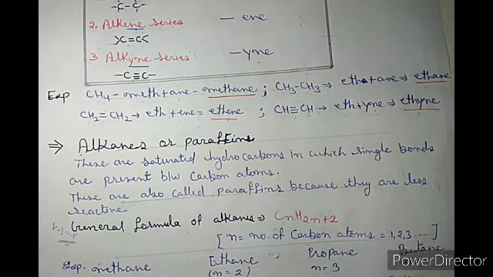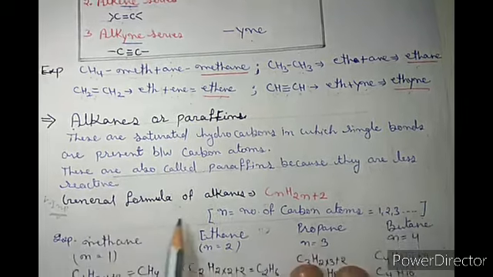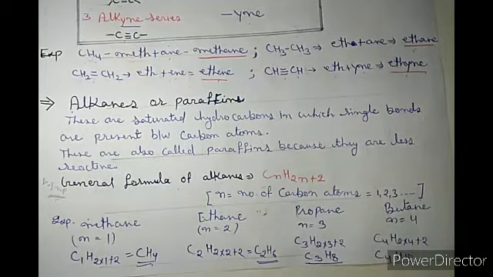Okay, now the general formula of alkanes, it is very important for the exam. I am again repeating, it is very important for the exam because it is the most common question on hydrocarbons. They ask to write the general formula of alkenes, alkynes, etc., and maybe ask the first 2 or 3 members of that series.